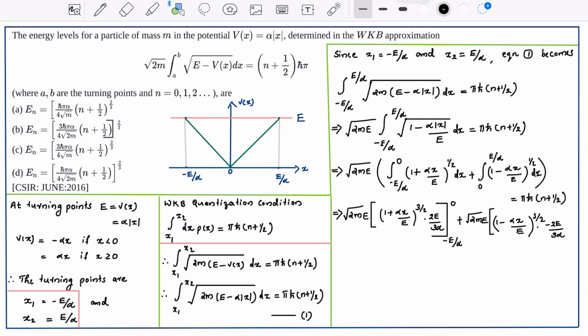We have to apply the limit from 0 to E by alpha. That is equal to pi h bar into n plus half.